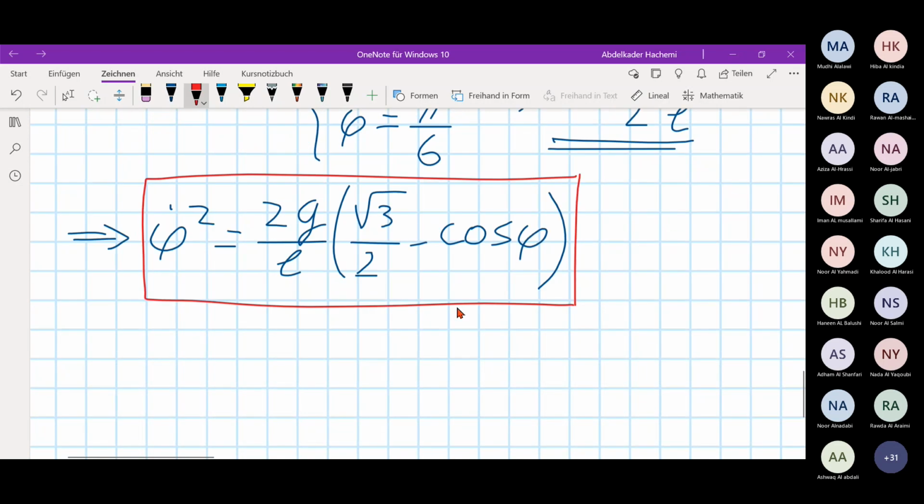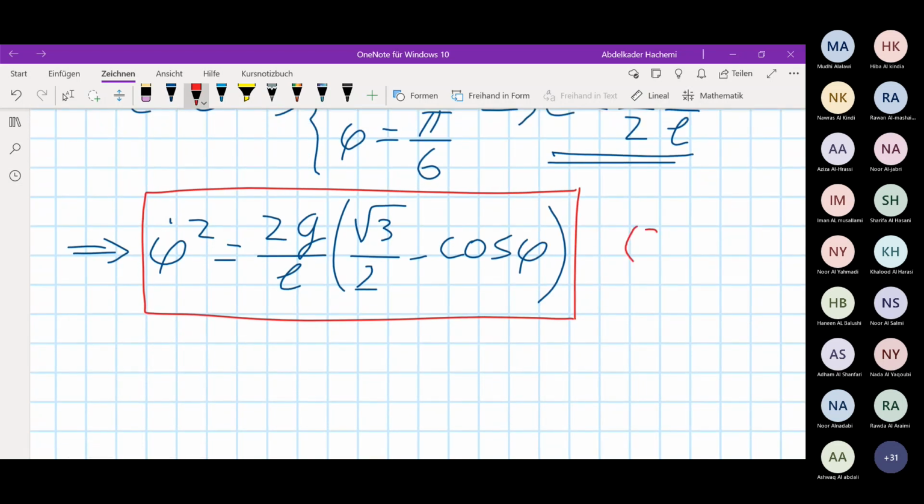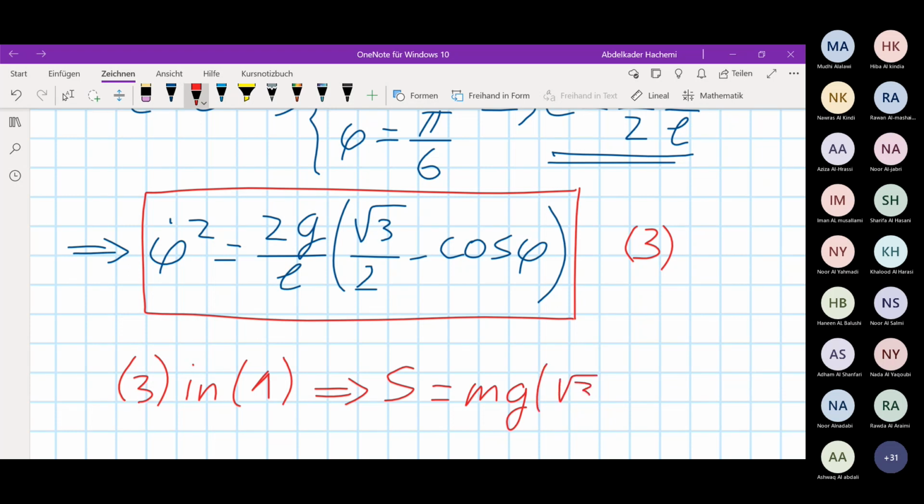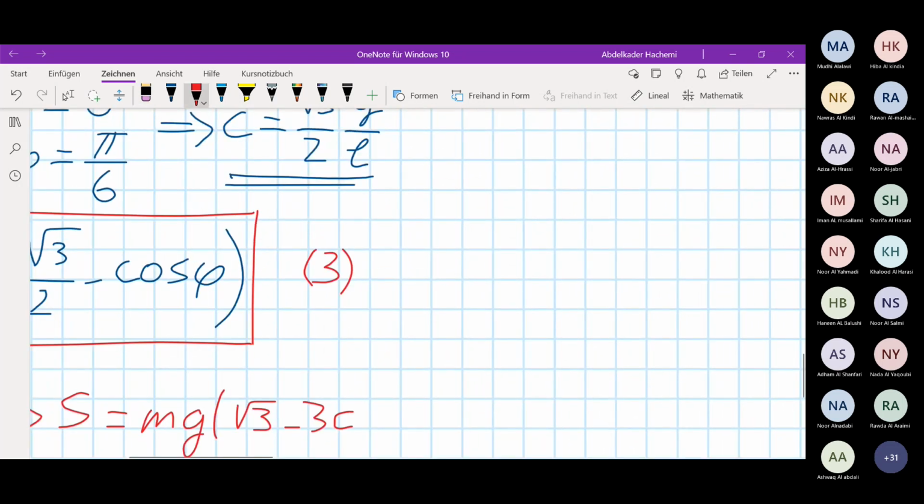Then we take this as equation 3, then we have 3 in 1, and we get S equal to mg multiplied by square root of 3 minus 3 cosine phi.